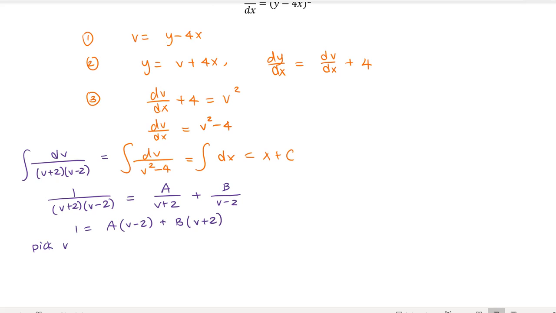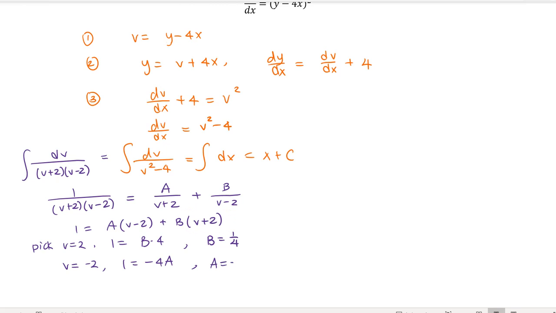So pick v equals 2. Do you see what happened? This term becomes 0, and the right-hand side gives b. So b is 1 over 4. When we pick v equals minus 2, we get minus 4a, and the other term is 0.